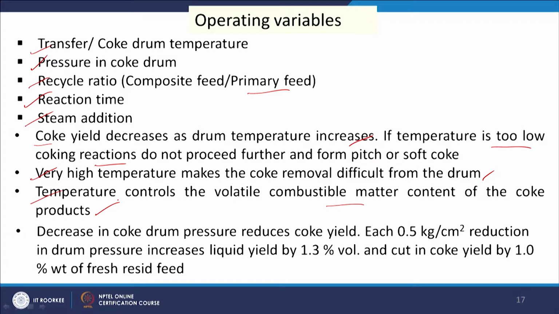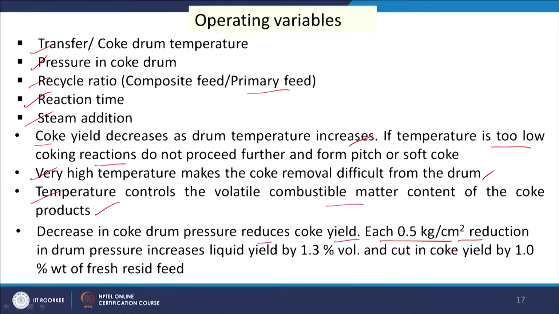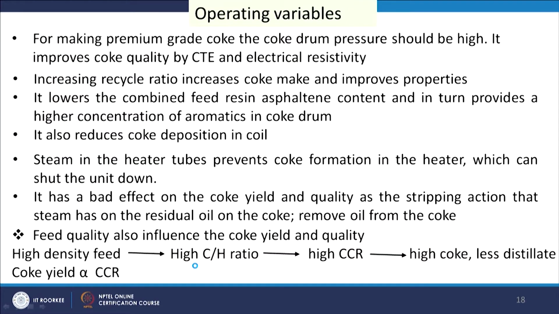Some data is given here: each 0.5 kg per centimeter square pressure reduction in the drum increases liquid yield by 1.3% by volume and cuts coke yield by 1.08% of fresh resid feed. This is some data which is available in the literature.